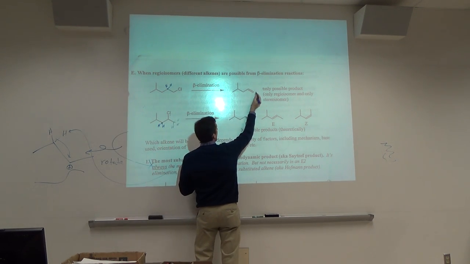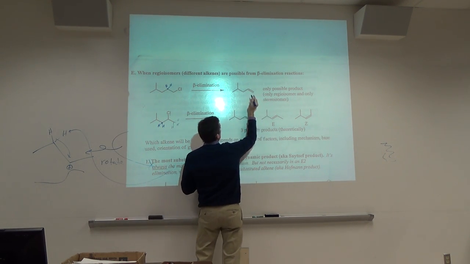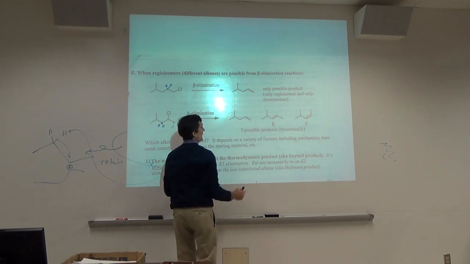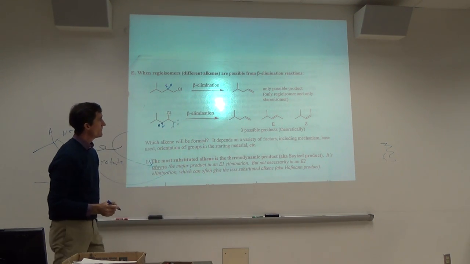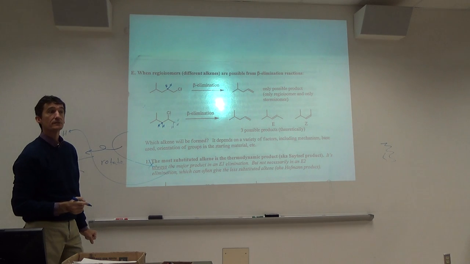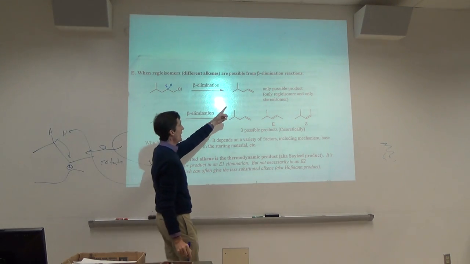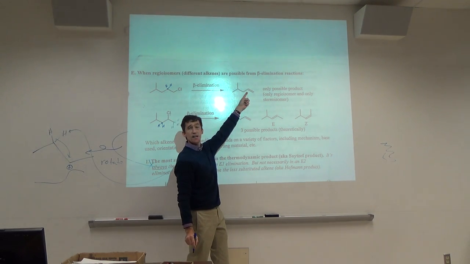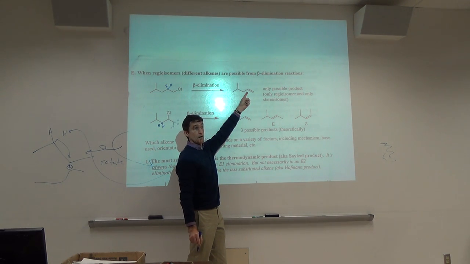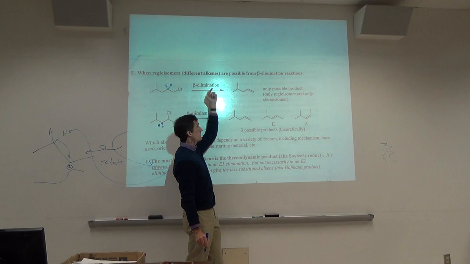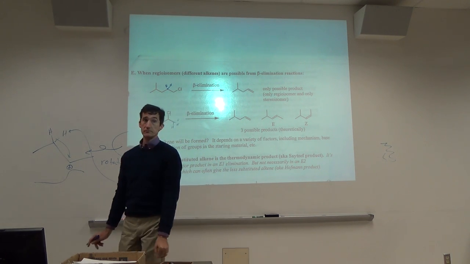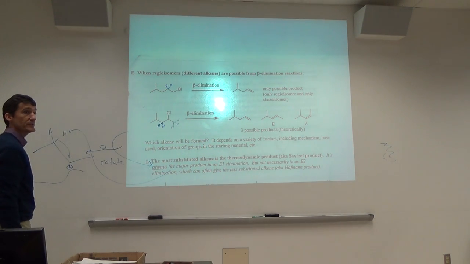So this is the only regioisomer possible from elimination. But it's also the only stereoisomer because this alkene does not have E or Z stereoisomers. So if you're asked to eliminate here, that's the only product you can show. There's no variation there.